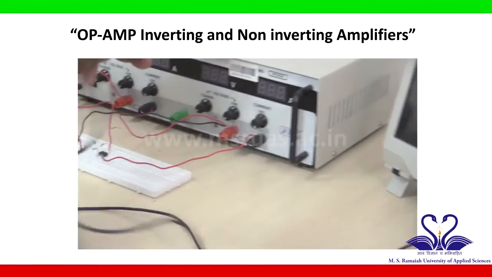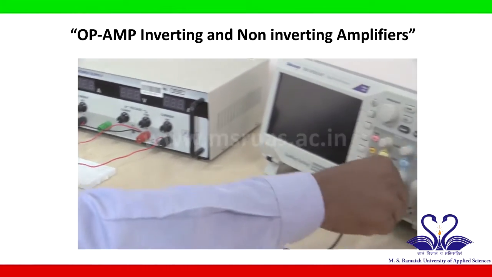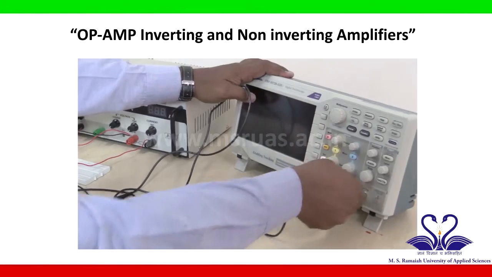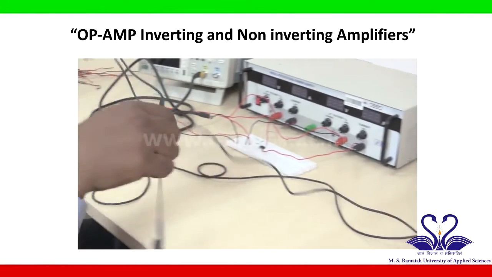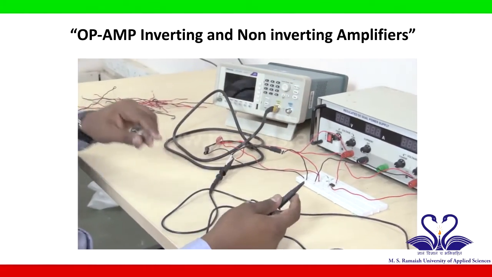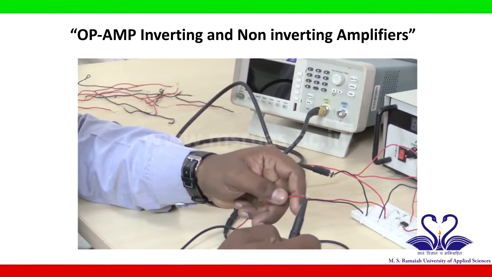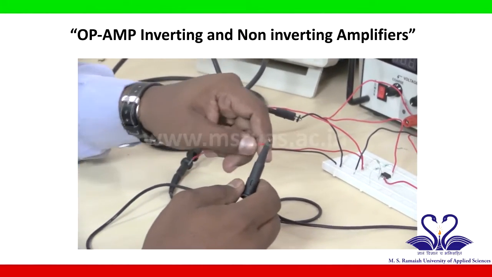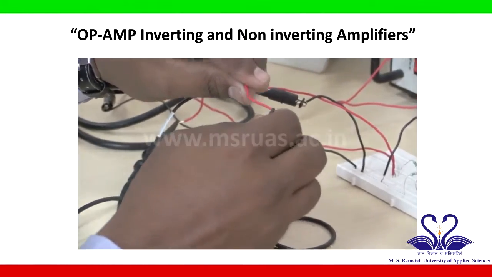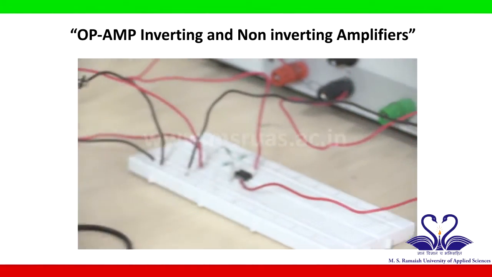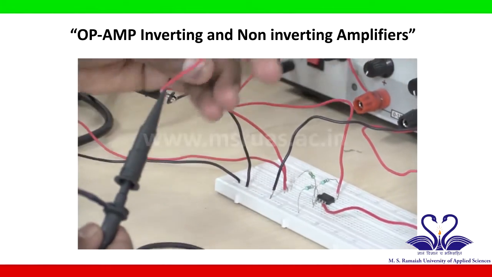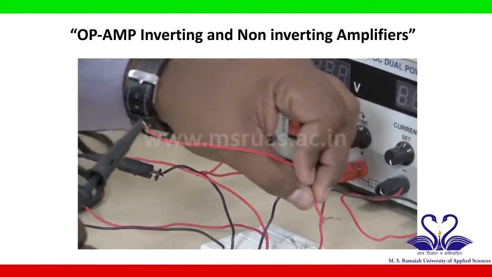Similarly, you take one more probe, connect it to channel 2, which is connected to output. If you see the circuit, output is taken from the point or a pin number 6. So this is the positive of probe 2 or channel 2. So I will connect to pin number 6.